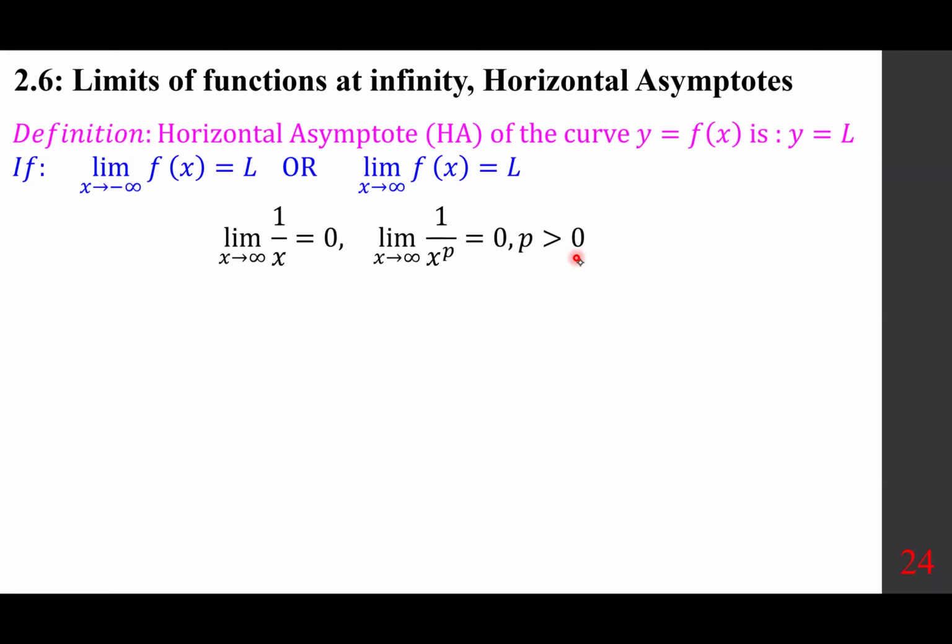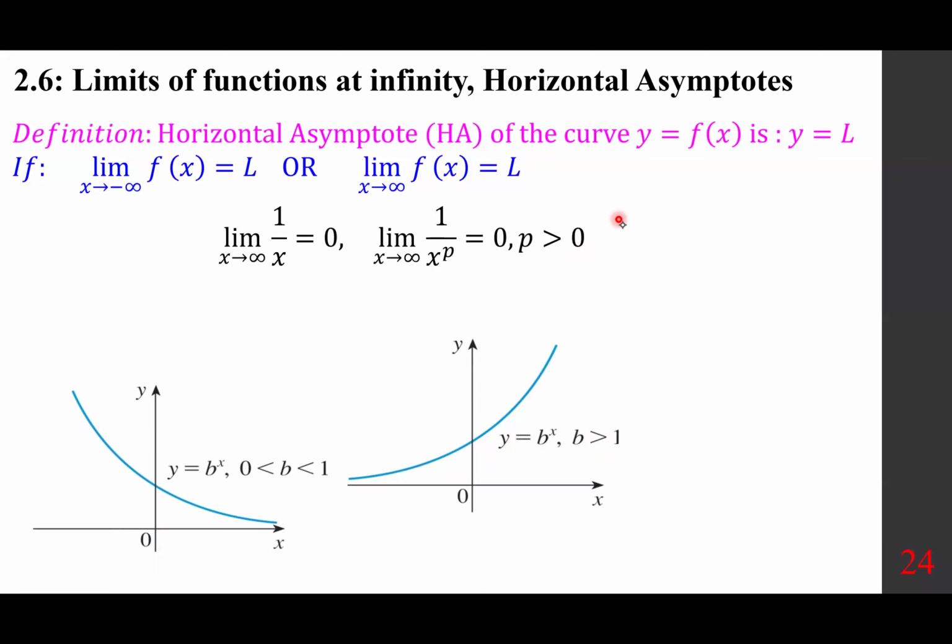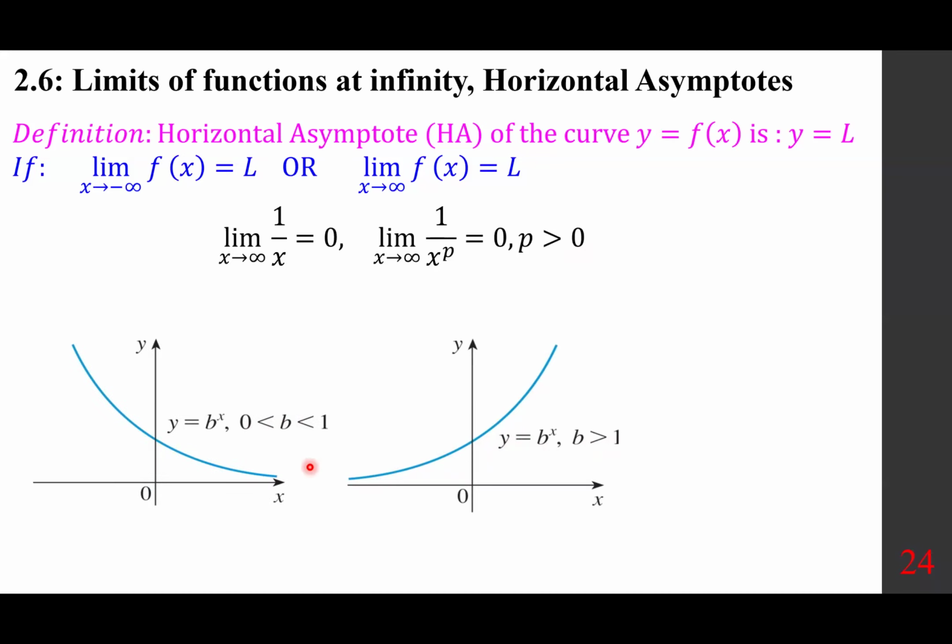For both of them, the line y equals 0, which makes it the x-axis, is the horizontal asymptote. So the concept of limit functions at infinity, let's look at y equals b to the power of x when b is larger than 0. When the base is larger than 1, it is an exponential growth. When it's between 0 and 1, it's an exponential decay. An example of this would be e to the power of x.